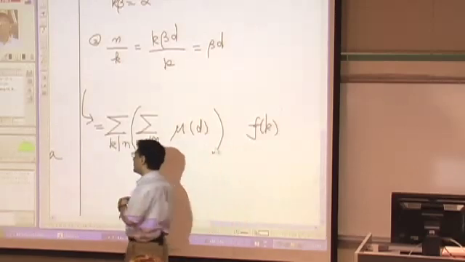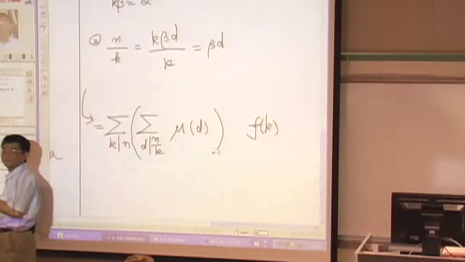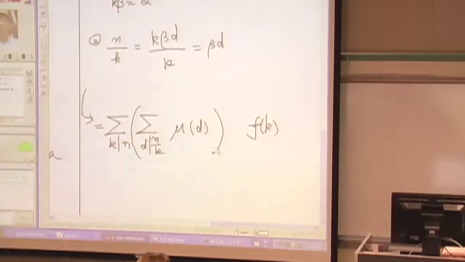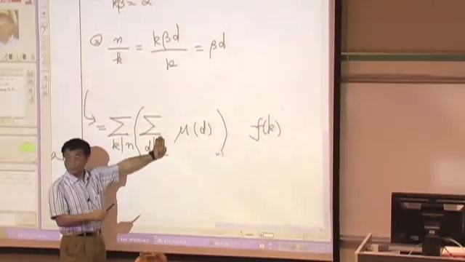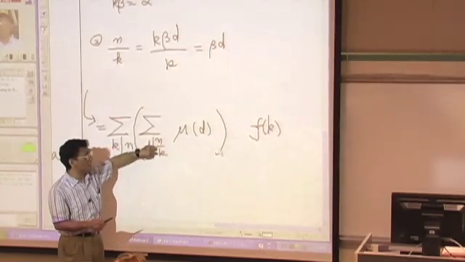The sum of mu is mostly 0, but only one time it is not 0. When is it non-zero? This portion is 1.